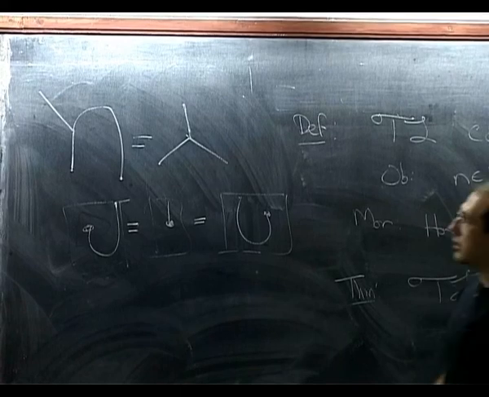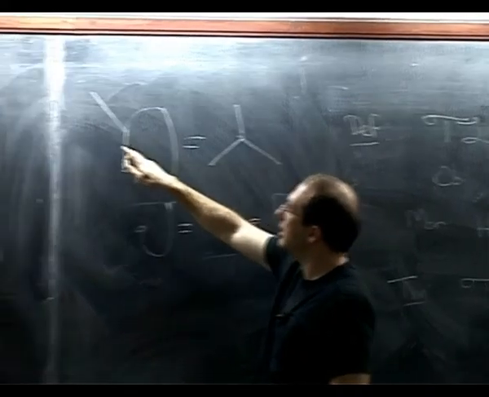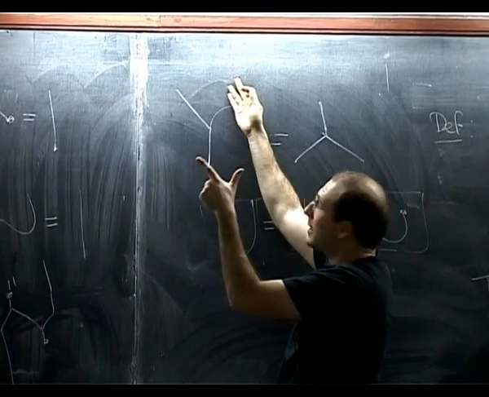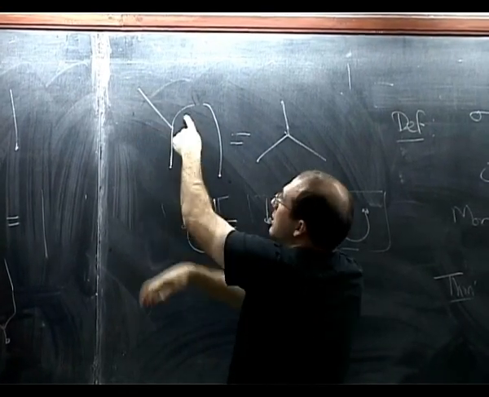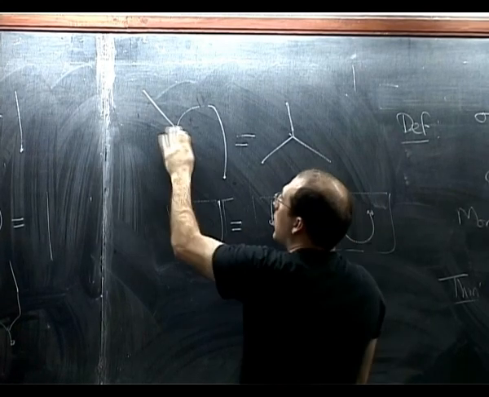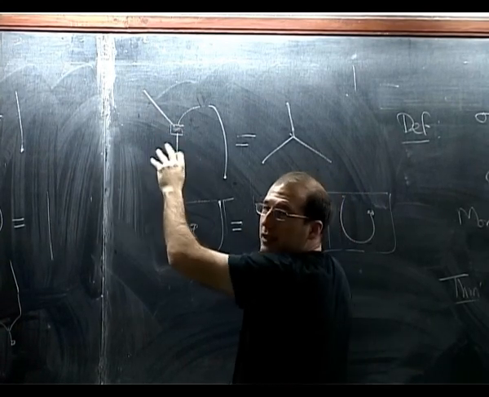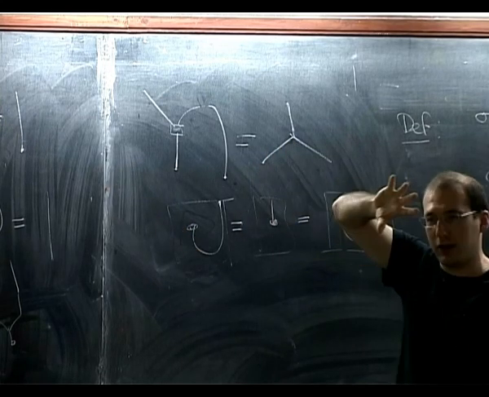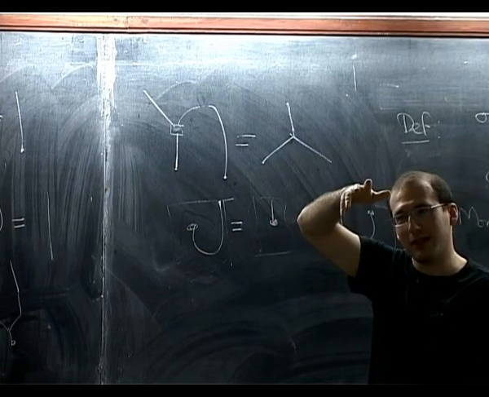Now you'll note that this wasn't quite cyclicity. I took this upward pointing Y shape, and I didn't twist everything around. I twisted just one strand, and I got this one. So the point is, whatever I draw this as, it better be the purple dinosaur rotated by 120 degrees.